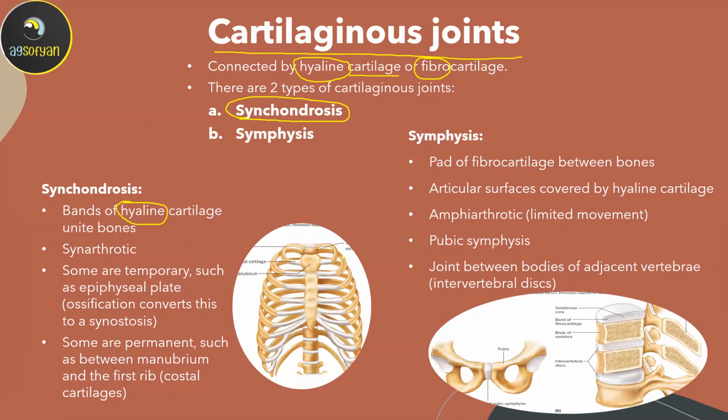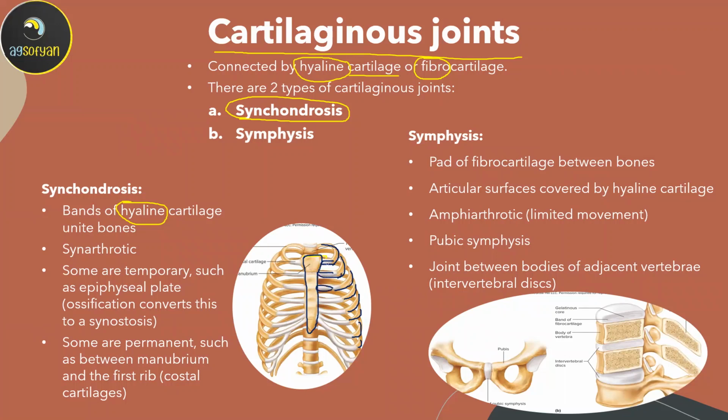An example is the joint between the sternum, the breastbone, with the ribs. We have 12 pairs of ribs, and 7 of them are connected directly to the sternum with this type of cartilage, which is hyaline cartilage.